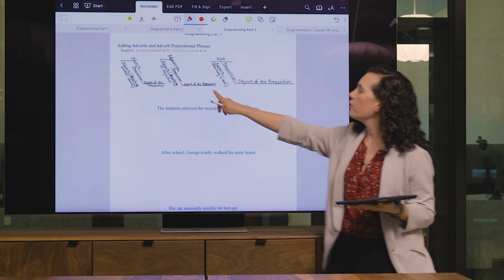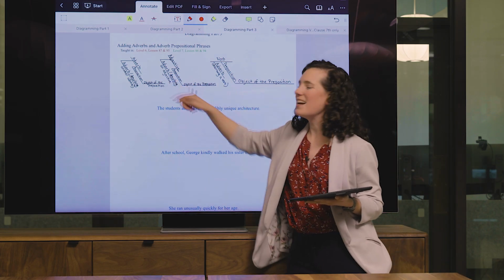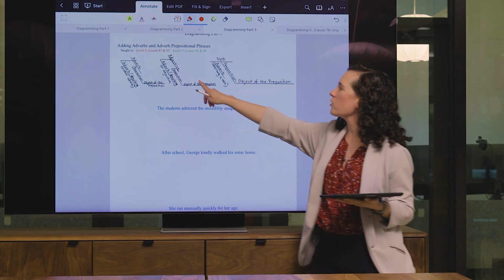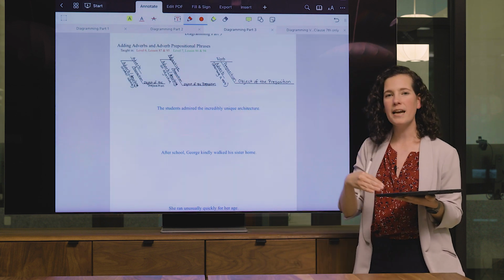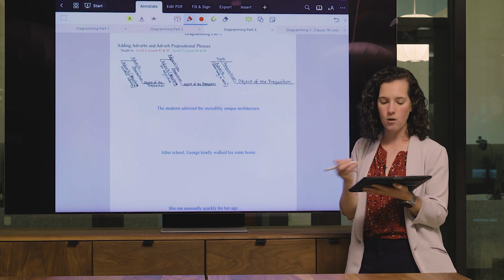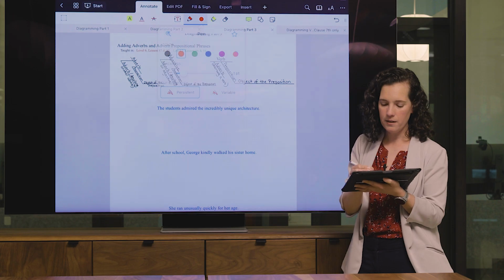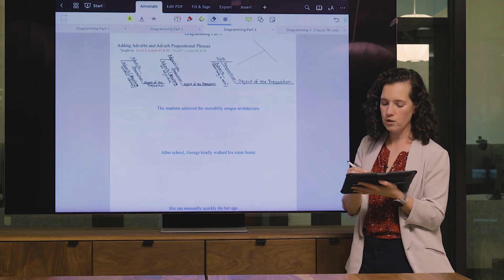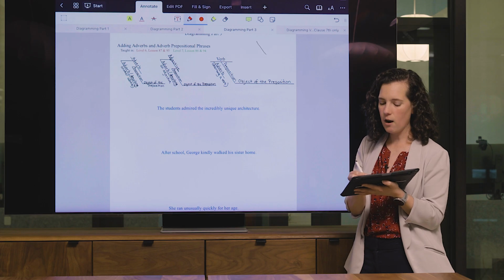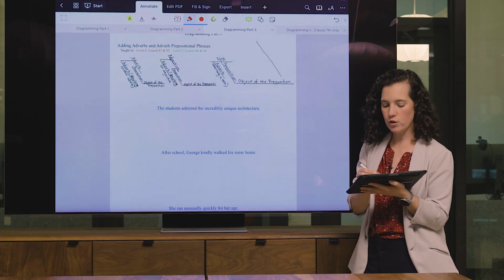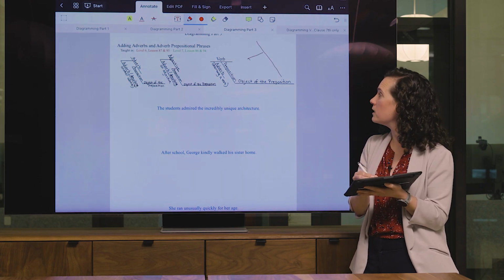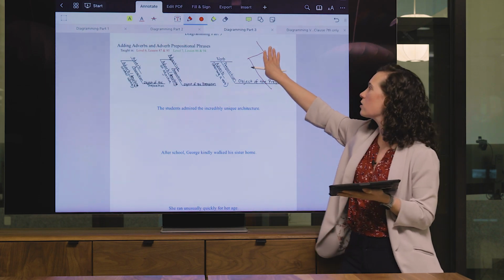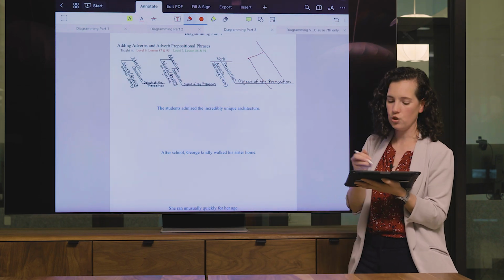But when you have something describing an adjective or adverb, it's going to look different because you're having to draw a line off of a line that's already at an angle. So we can't simply draw a line this way. We always want our descriptive words going down from left to right. So to have something else describing it, we have to add this shape here to show that it's describing that word.